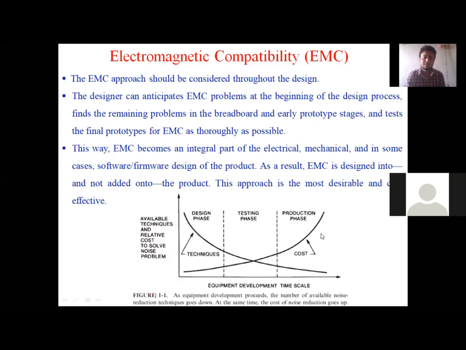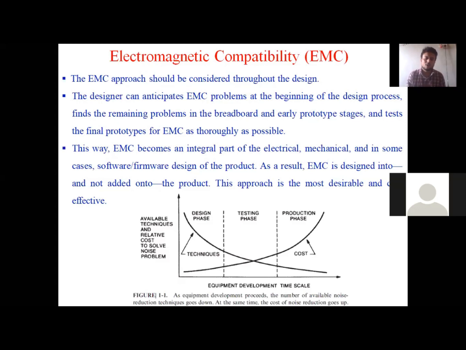And when I'm in product phase, first I'll be designing the device on breadboard, then I'll be designing it on PCB, then I'll be trying to convert that PCB, that prototype, into a product. I'll be offering some kind of casing to the device. That is product phase. So when you are not considering EMI in design phase, when you go for testing, certainly your device will fail those tests and your device may not be allowed to launch for commercial applications.